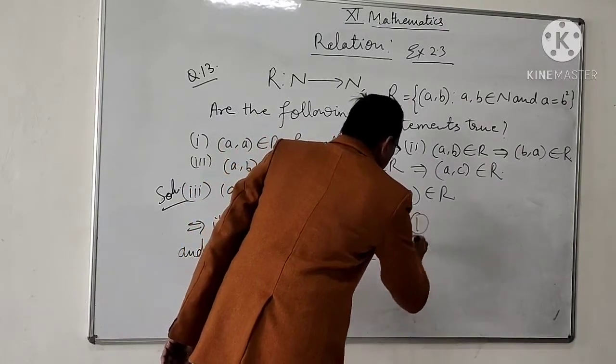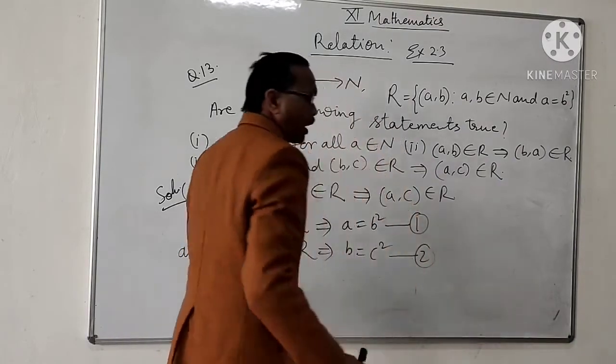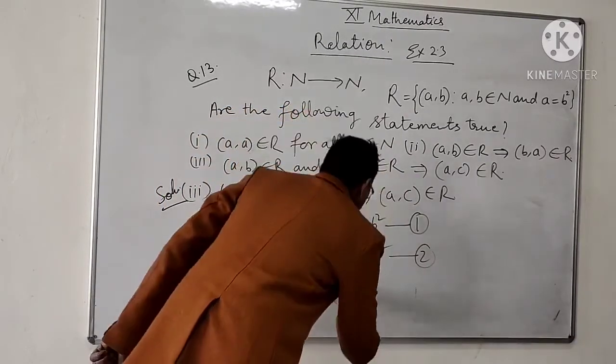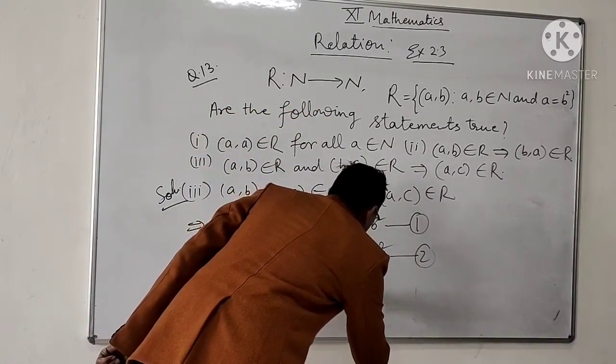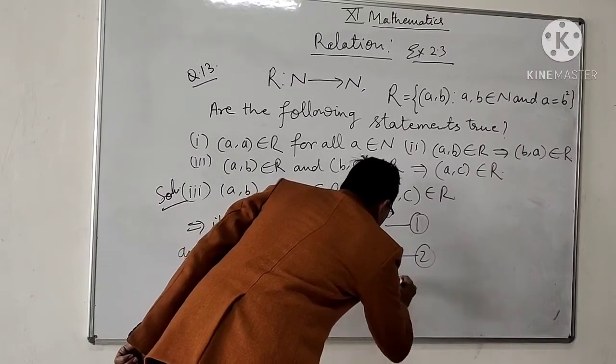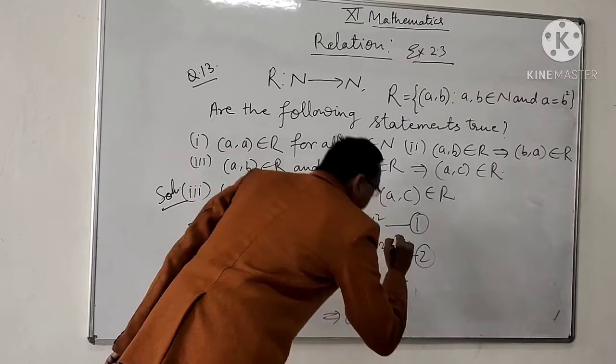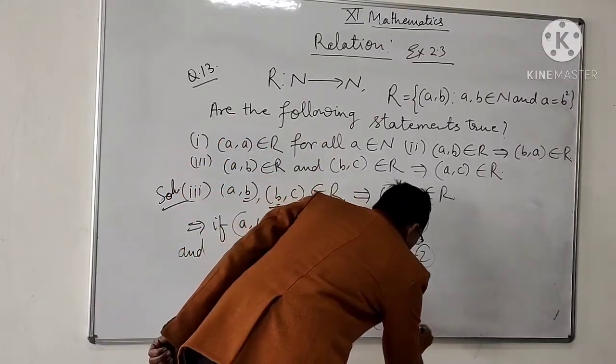Let it be equation 1 and equation 2. Now putting the value of B from equation 2 into equation 1, we get A equals C square squared. This implies that A equals C power 4, which is not equal to C square.